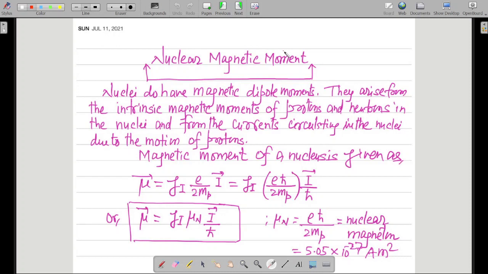And if someone amongst you has already learned atomic and molecular physics, then he or she might find this particular concept very easy. But I haven't taught atomic and molecular physics on my YouTube channel, so that's why I am just giving you a quick go through of nuclear magnetic moment.